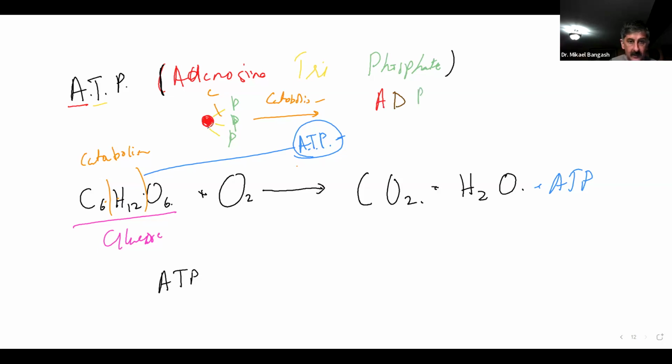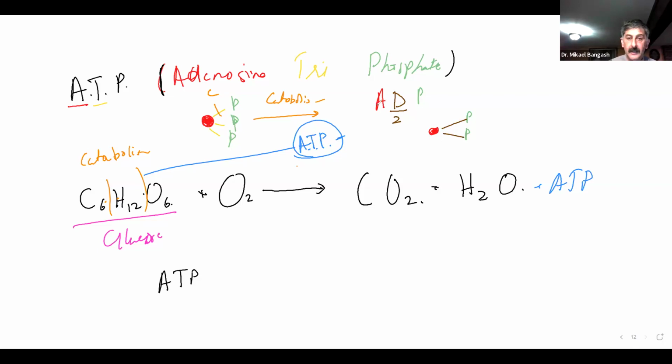Here, the A is still adenosine. The P is still phosphate. But what remains is that we only have two phosphate molecules attached to the adenosine.